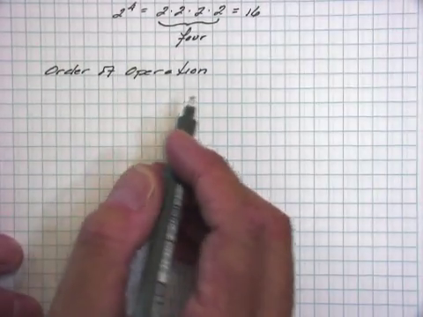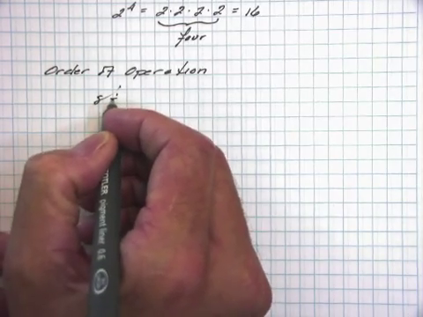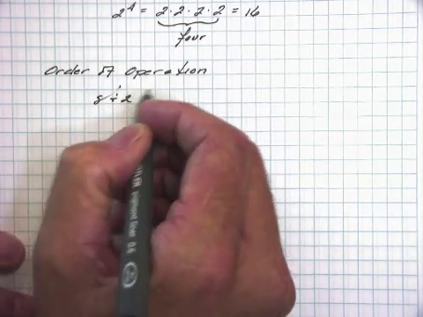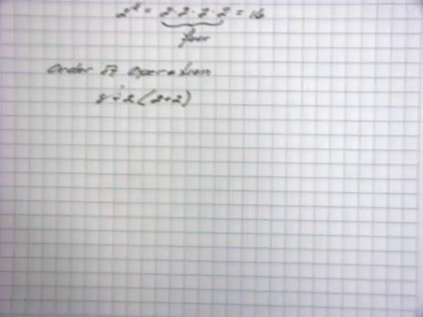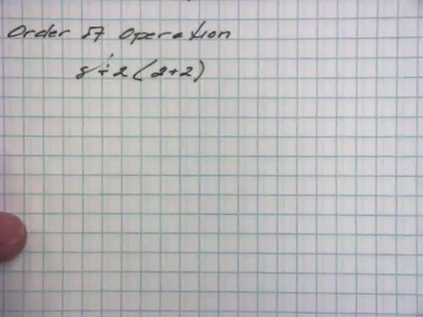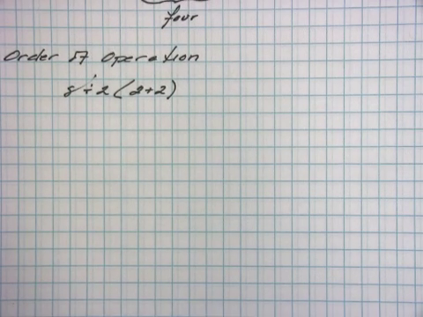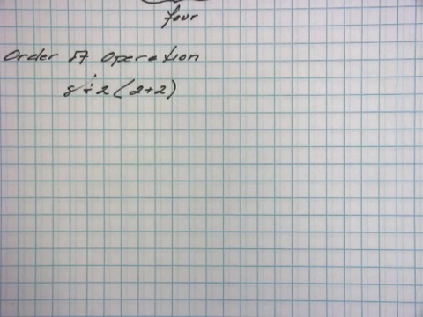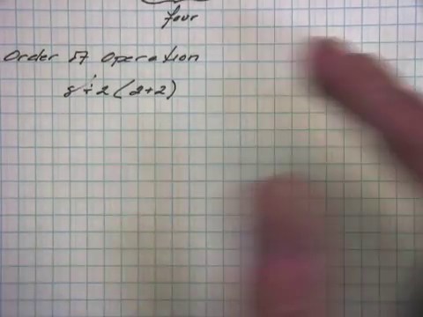Once you pause the video, work out the answer, and we'll see what you get, okay? So I have 8 divided by 2 times 2 plus 2. So what I'd like you to do is pause the video right now and try and work out that problem, okay? I'm going to zoom back a little bit. So pause the video and then come back when you're done.